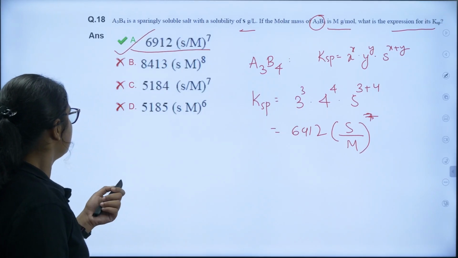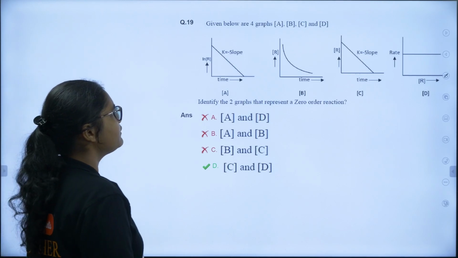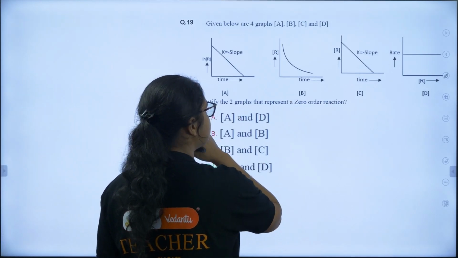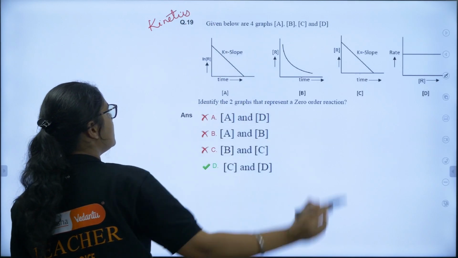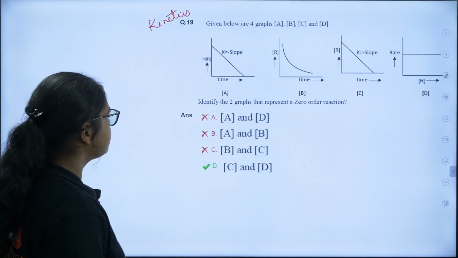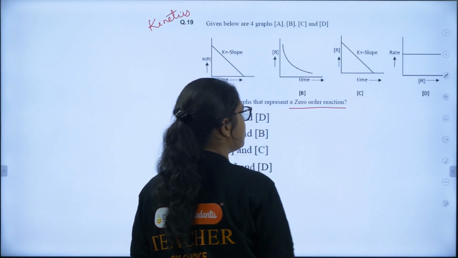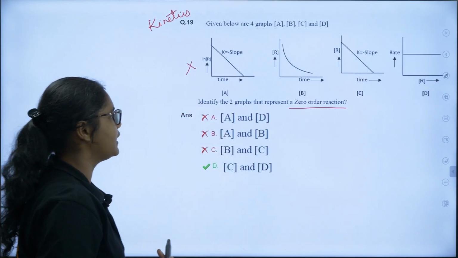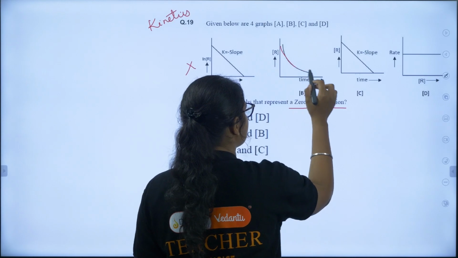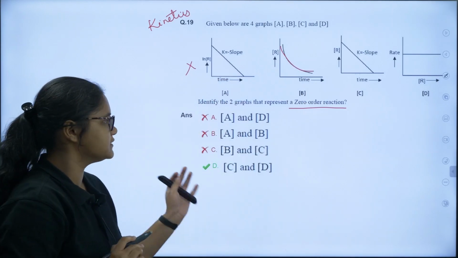Okay. Next one. Given below are 4 graphs for A, B, C and D. So this question is again from your kinetics chapter. Right? Okay. So which of the following 2 graphs represent the zero order reaction? So ln term is there, means it is your first order. You can skip that. Reactant versus time, it is not a parabola type curve for zeroth order.